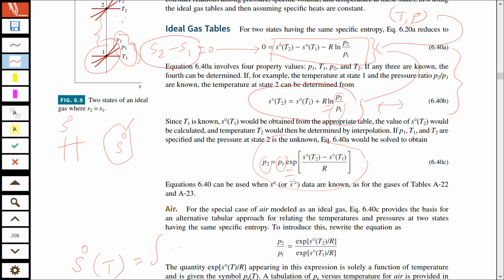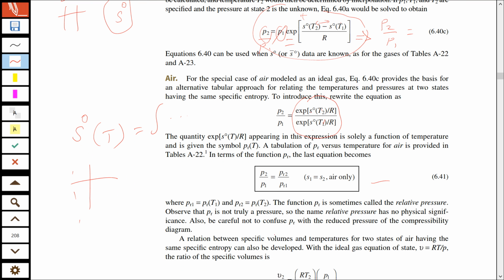You will have this exponential, which can be rewritten as P2 over P1. Just bring this P1 to this side, and because the exponent has a plus and a minus, you can rewrite that as a ratio of two exponentials. Whenever you have the ratio of two exponentials, the exponents get subtracted.